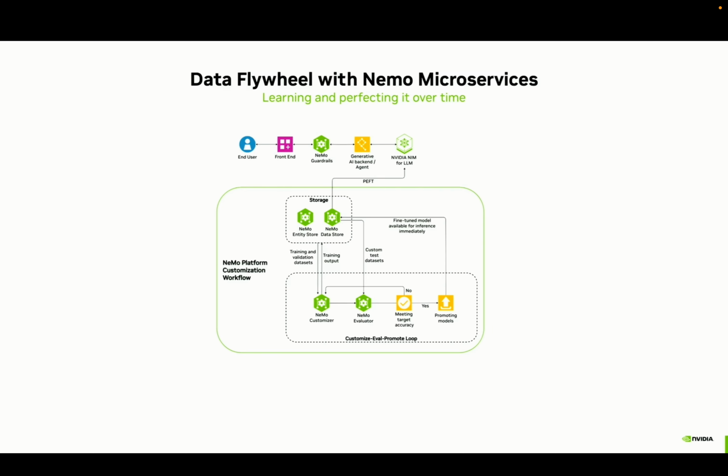Basically, this is to perfect all the AI that is used in the end-to-end pipeline, whether it's retrieval or the ACE NIMs, over time. We do provide NeMo microservices. That's all I have, and over to Pascal.